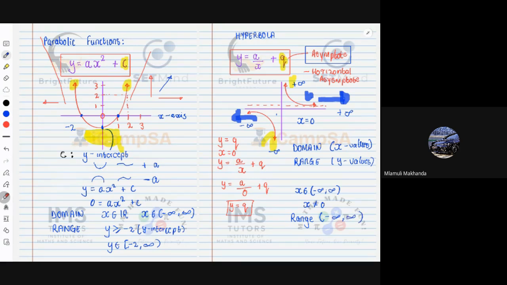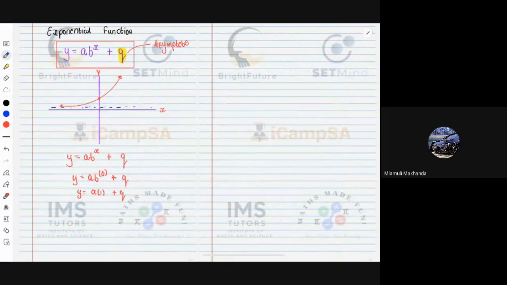But we said y can never be equal to q, which is the horizontal asymptote, because our graph doesn't exist there. Okay, and then let's come to the exponential function.